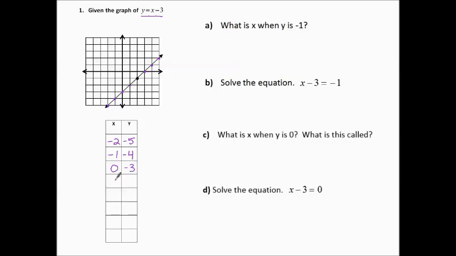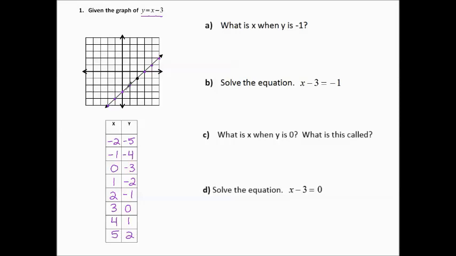When x is 1, y is negative 2. When x is 2, y is negative 1. When x is 3, y is 0. When x is 4, y is 1. And lastly, when x is 5, y is 2.